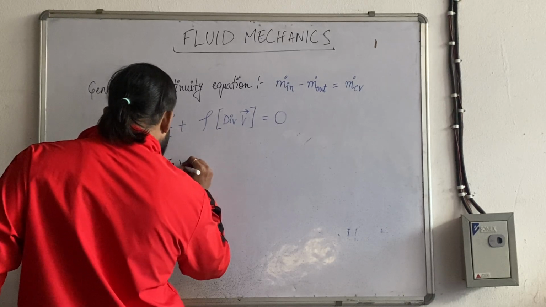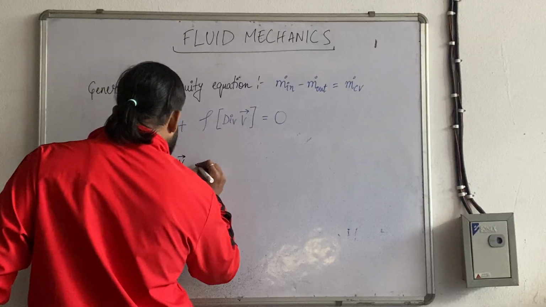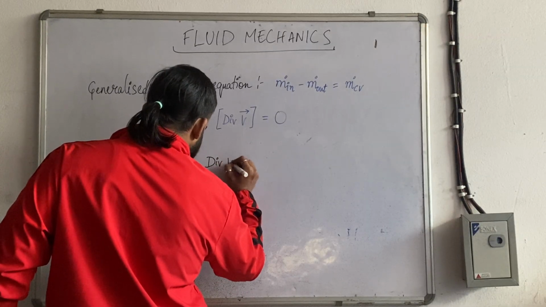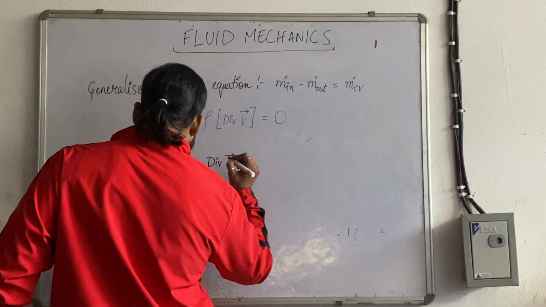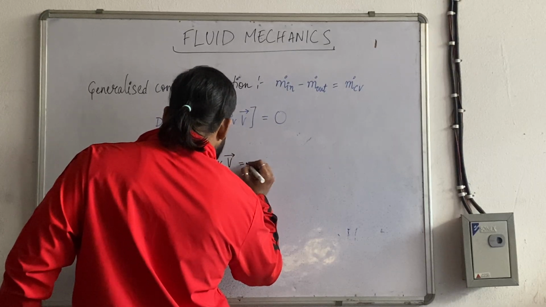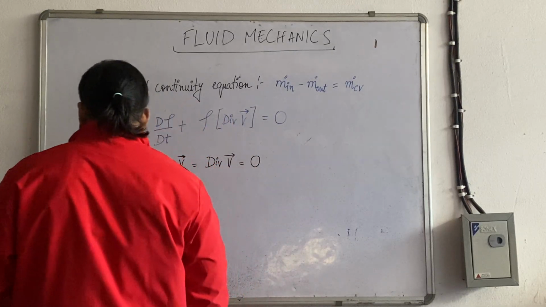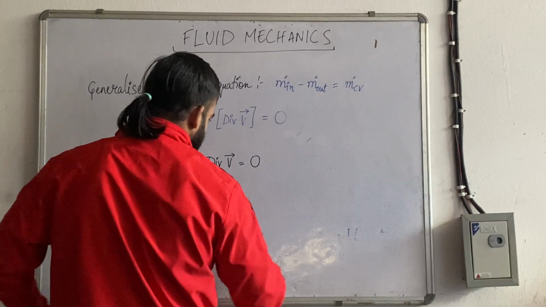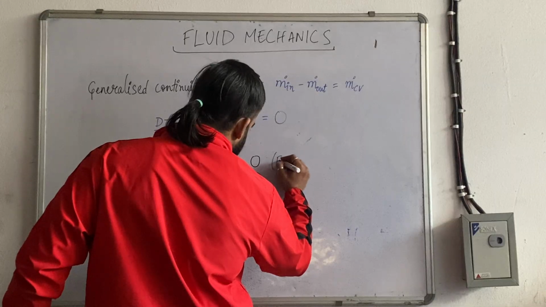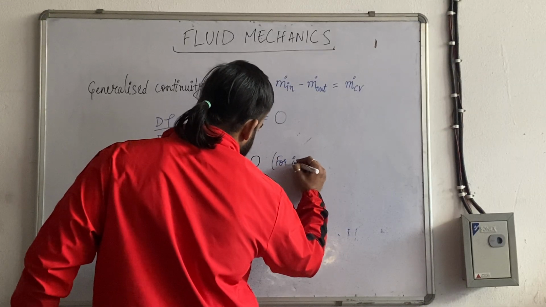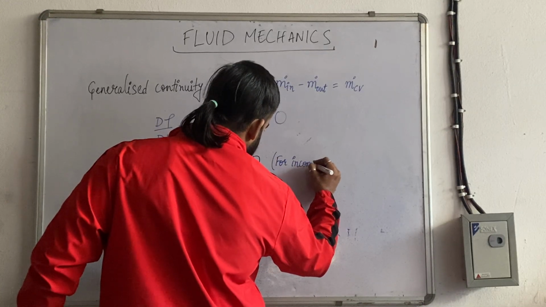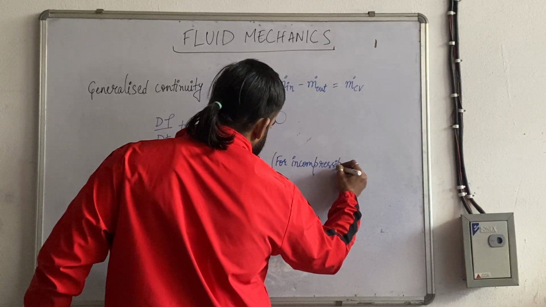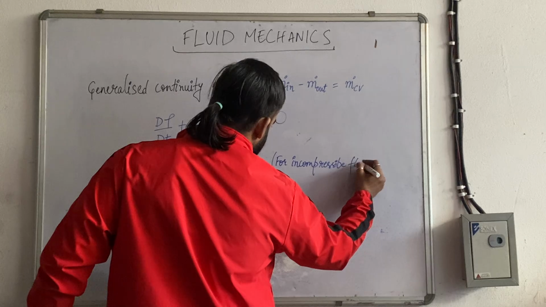Del dot v vector, the divergence of v vector, is equal to 0 for incompressible flow.